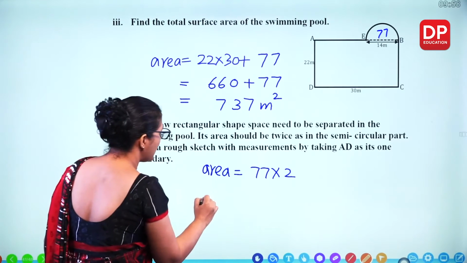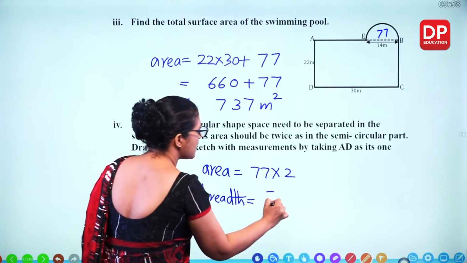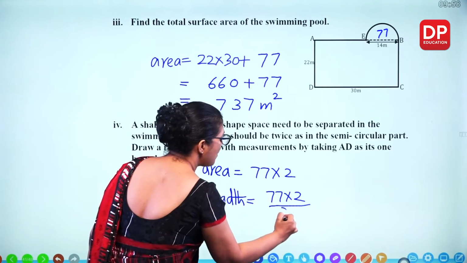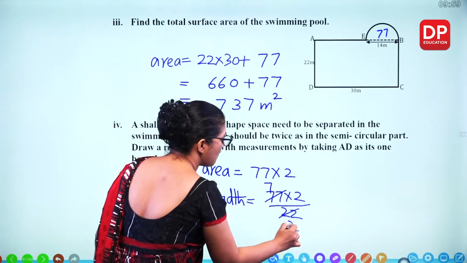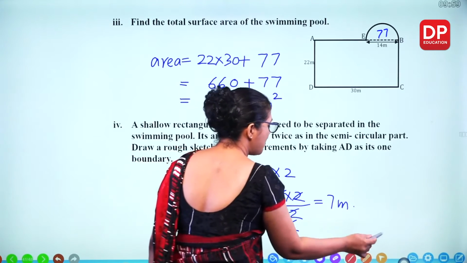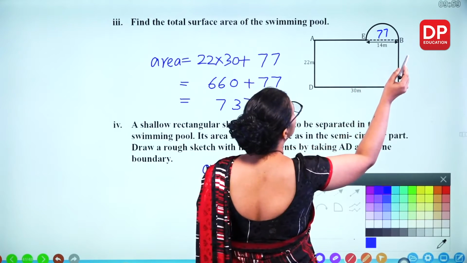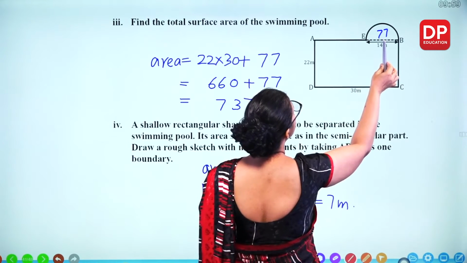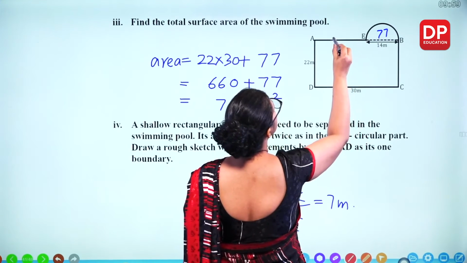So you can find out the breadth of the rectangle. 77 into 2 divided by 22. 11 times 2, 11 times 7. So 7 meters. So that means we can draw 7 meters here, somewhere here.